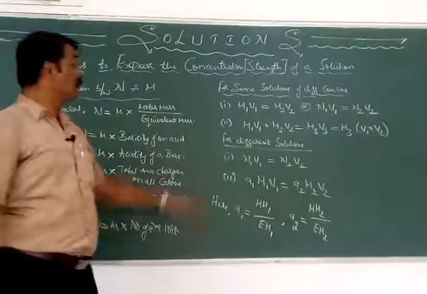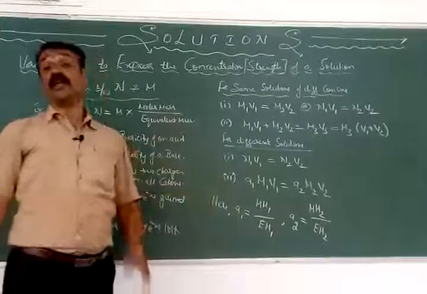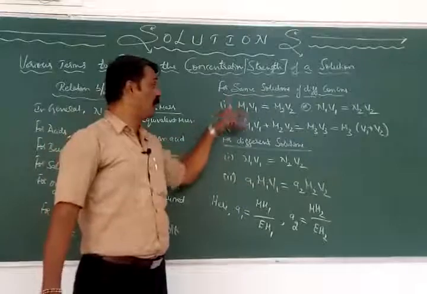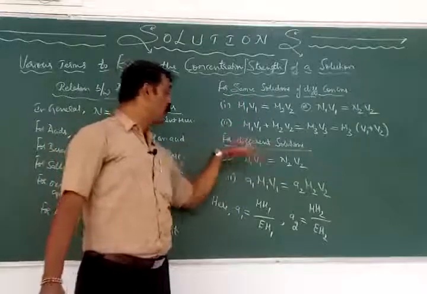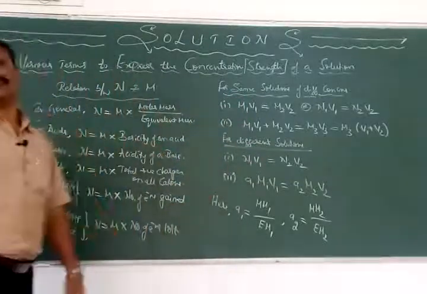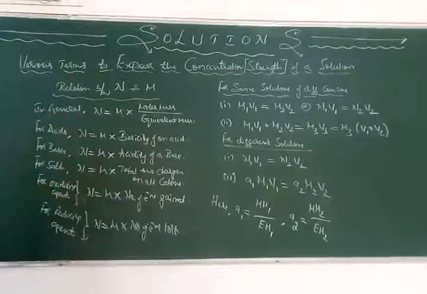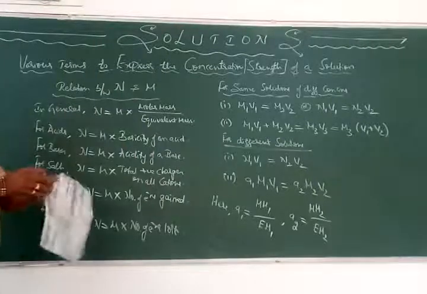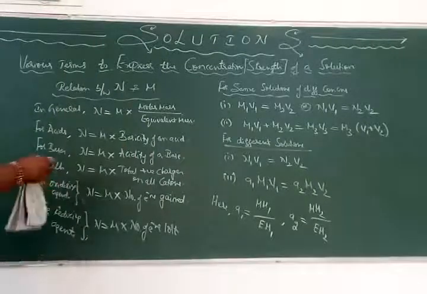Okay, so this is the different concept. For the same solution, these two formulas are applicable, whereas for different solutions we have the second set of formulas. So this is about the third and fourth terms, normality and molarity, along with sometimes formality also.